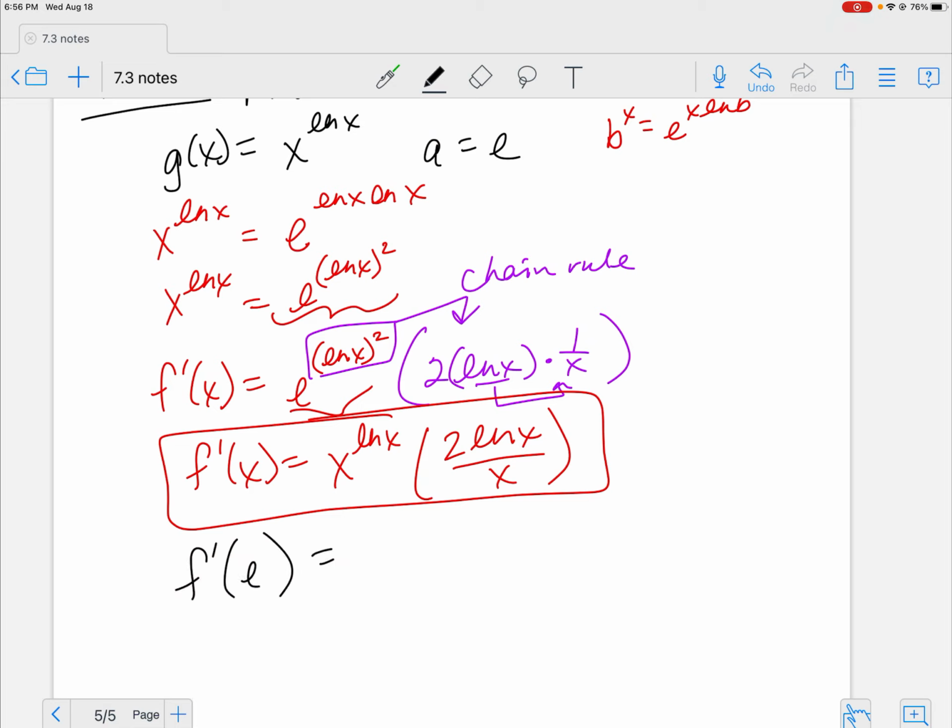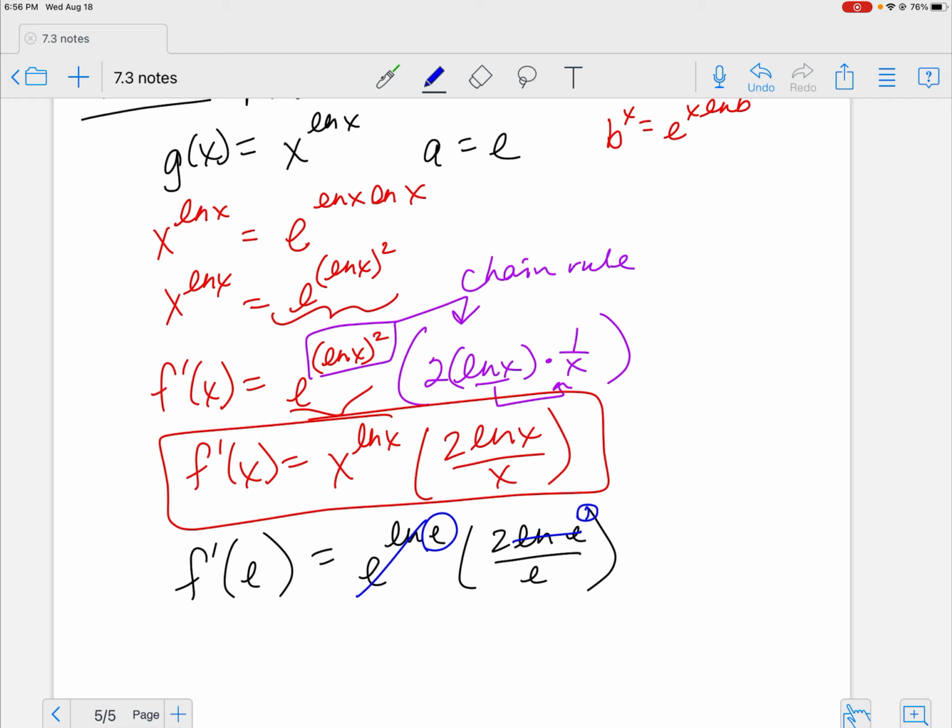Now I'm going to evaluate that derivative at e. So anywhere you see an x, you put e, times 2 natural log of e over e. Now what do we know? Yeah, inverses. Those cancel out. I'm just left with an e here. These cancel out. I'm just left with that 1 there.